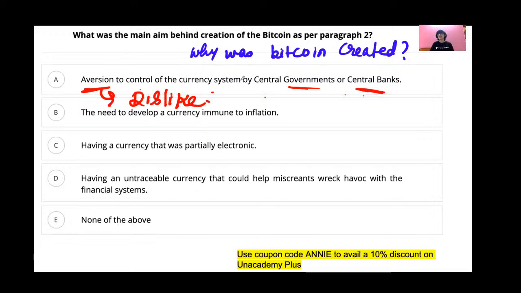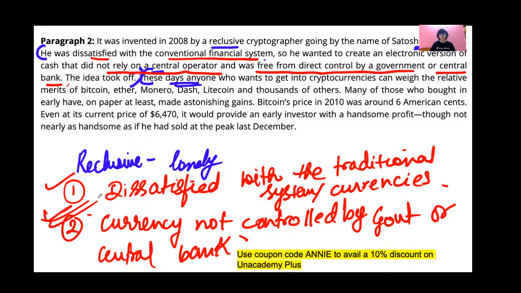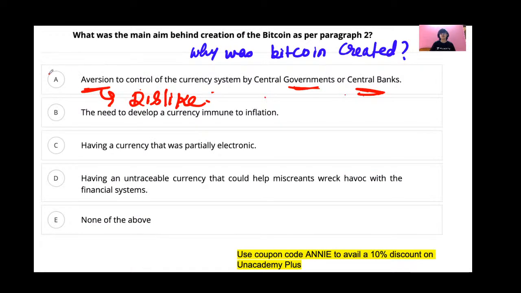So he did not like the control of currencies by central bank and government. So here it is mentioned in point number 2: dissatisfied with the traditional system or currencies. Why? Because it was controlled by government or central bank and he did not want the control. Okay, so this will be your answer.